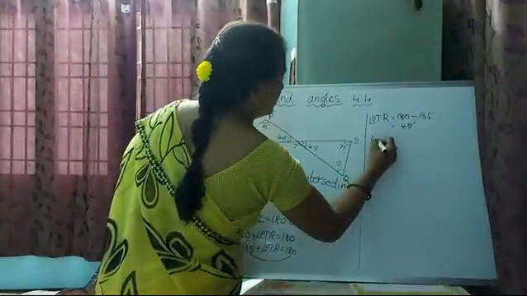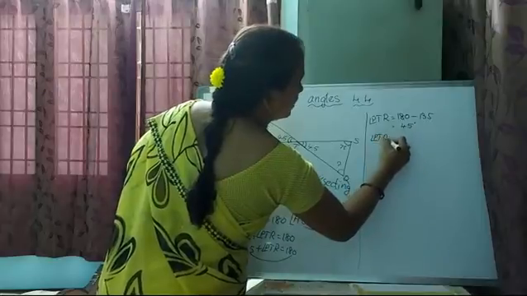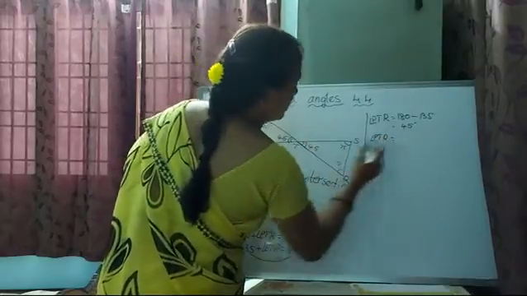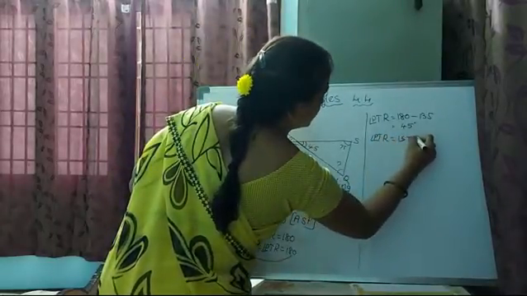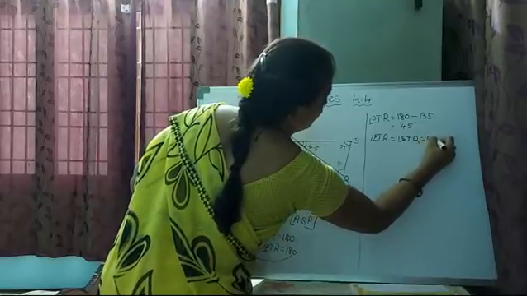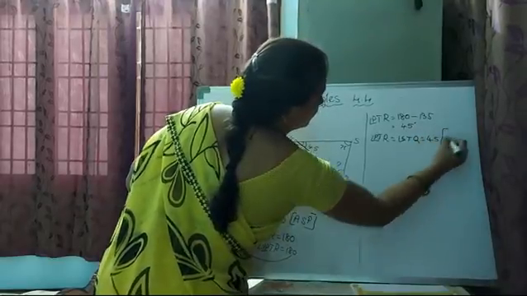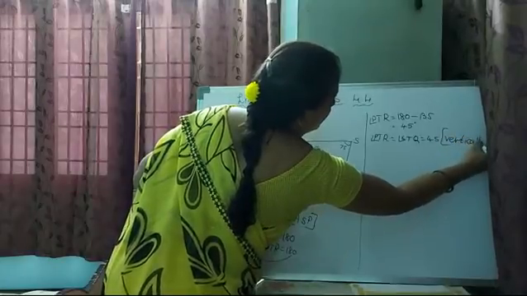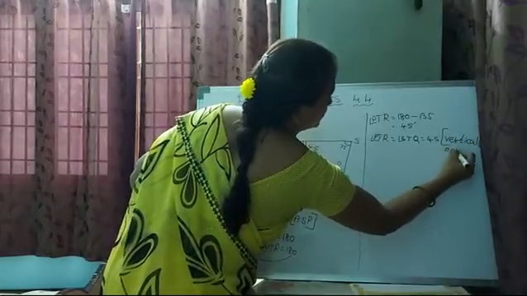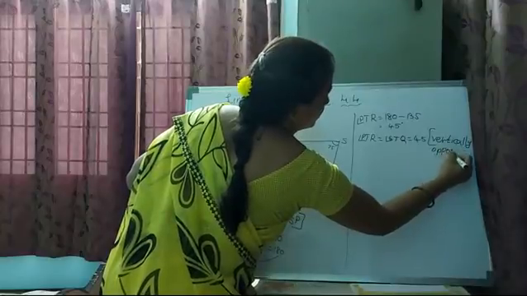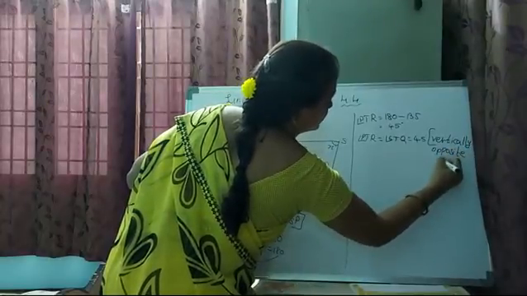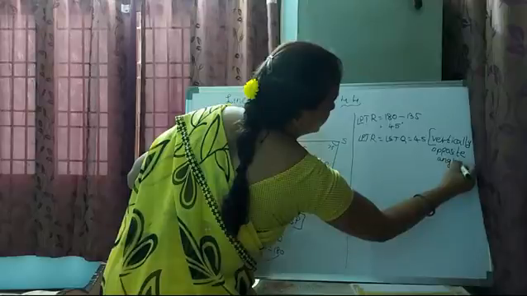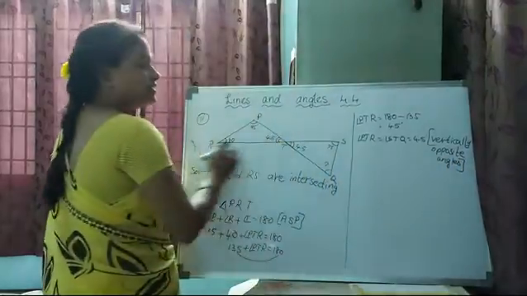Angle PTR is equal to angle STQ is equal to 45. Why? Because vertically opposite angles are equal. That's why these two angles are equal.